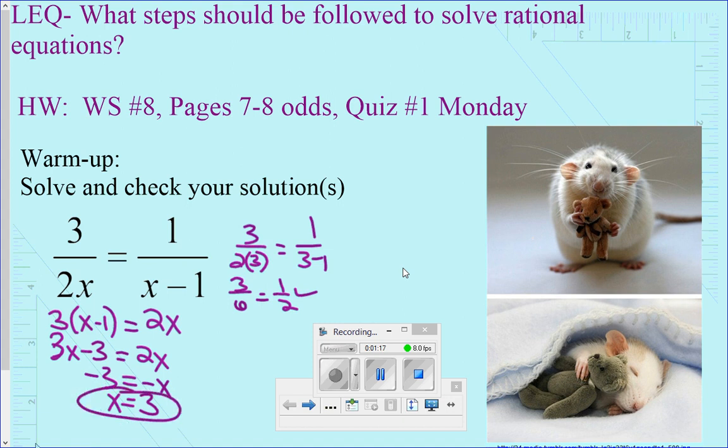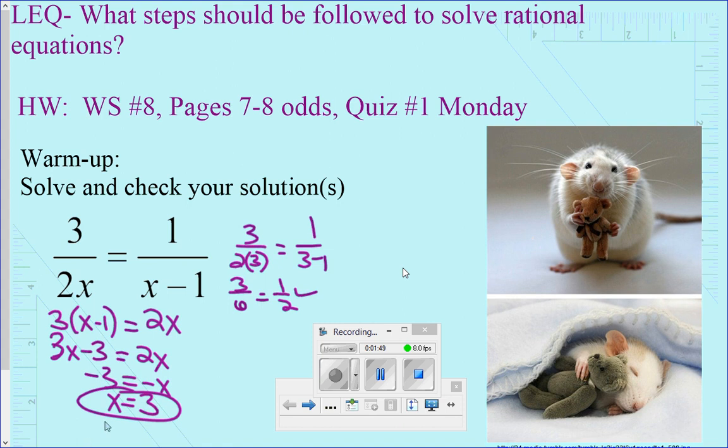Okay, so now in class, what we talked about was that's the way that probably most of you checked it initially, but I explained that there is another way you can check your solutions. And really what we're concerned about when we're doing the check is whether the solution that we get is part of the domain restrictions. Because remember, if it's part of the domain restrictions, then that value for x will make the denominator 0, which will make the function undefined, and we don't want that.